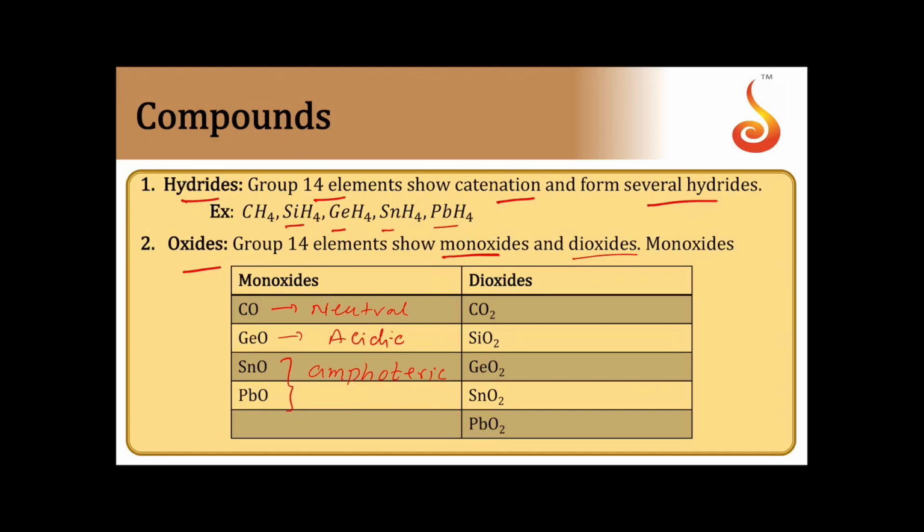When it comes to dioxides, the first two are acidic oxides, and the remaining molecules are amphoteric in nature. So down the group, basic properties increase. This is regarding monoxides and dioxides.